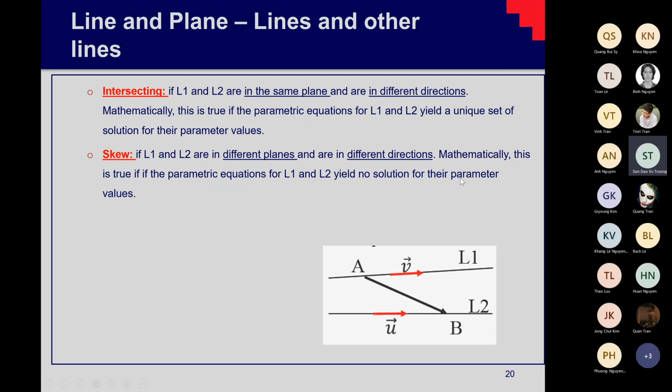And the last one is skew. If L1 and L2 are in different planes and in different directions, it is true if the parametric equations for L1 and L2 yield no solution for their parameter values. It looks complicated, but after we do some tutorial examples, it will be easier.